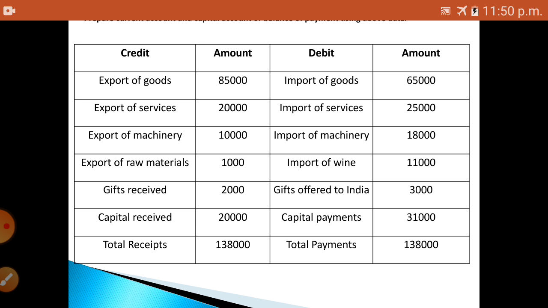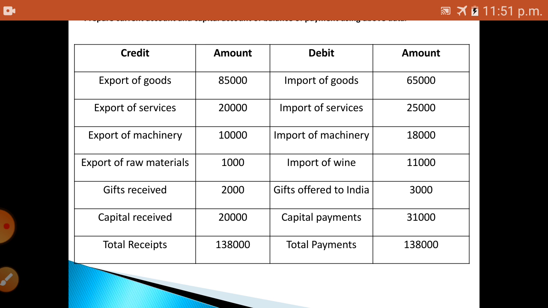Machinery exported 10,000. Export of raw materials 1,000. Gifts received, that is unilateral gifts, 2,000. Next, capital received is 20,000.